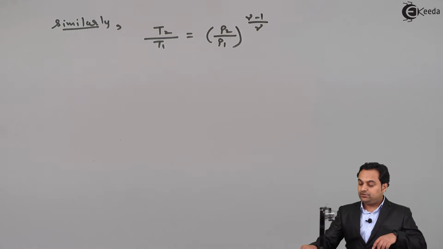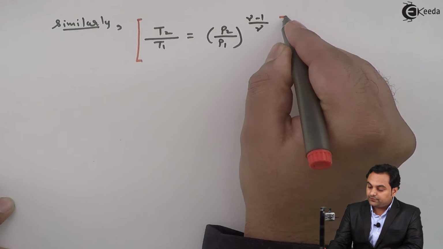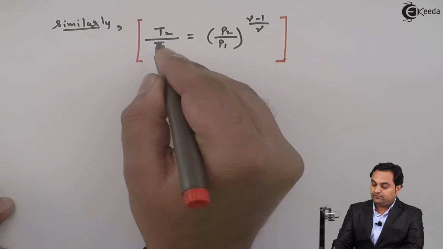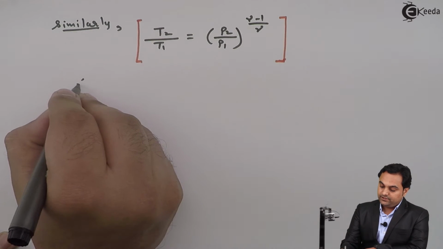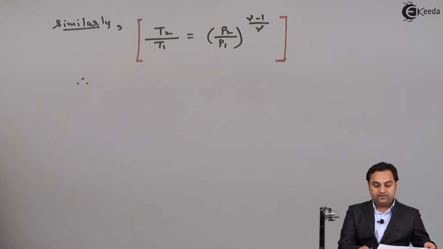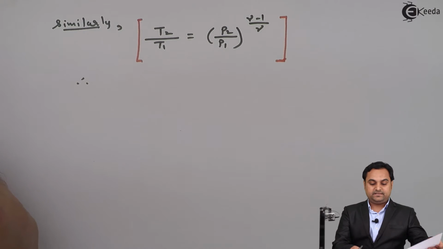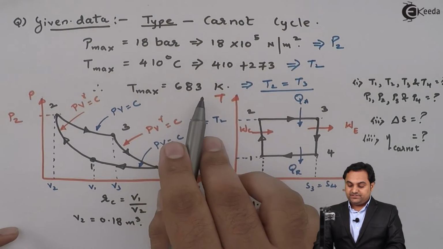Now this relation can be written for a reversible adiabatic or isentropic process, that is the ratio of temperatures and the ratio of pressures. Now T2 value is given in the problem, and that is T max, which is 683 Kelvin.